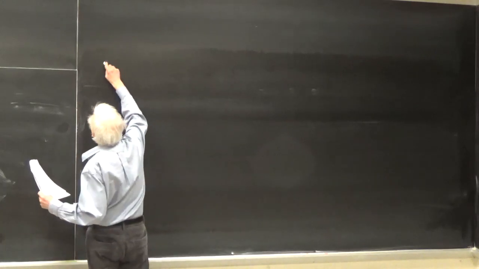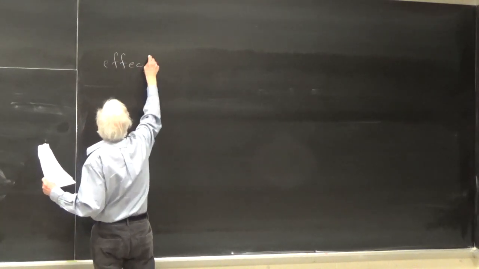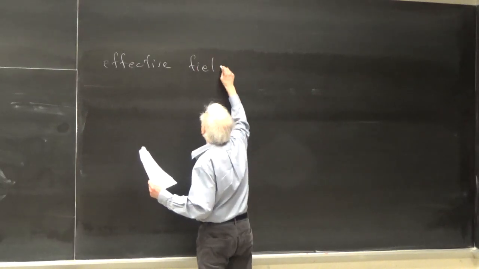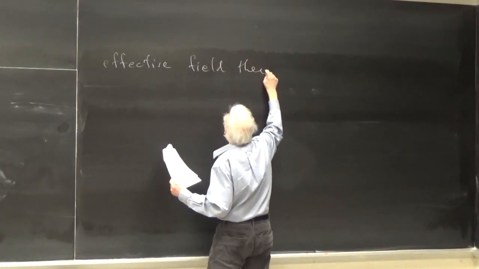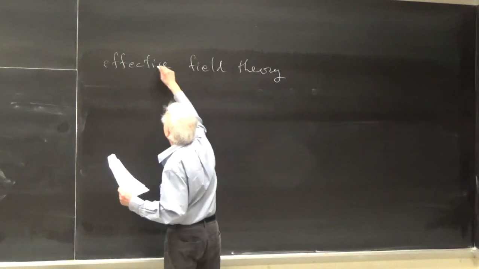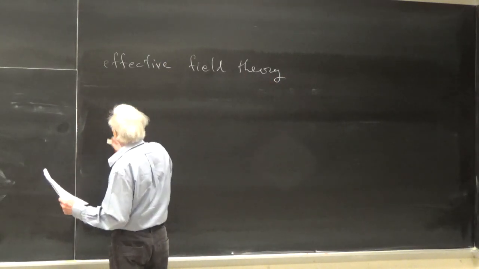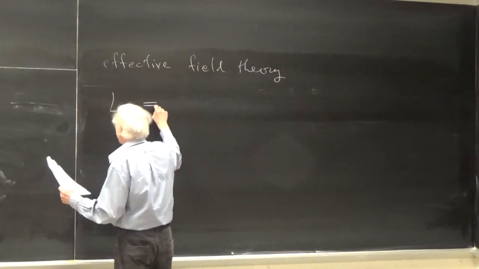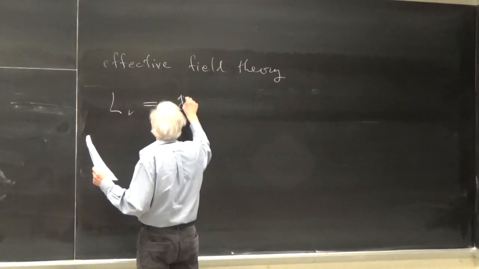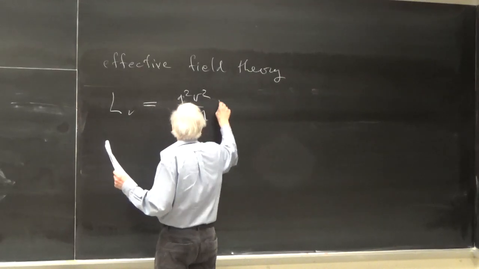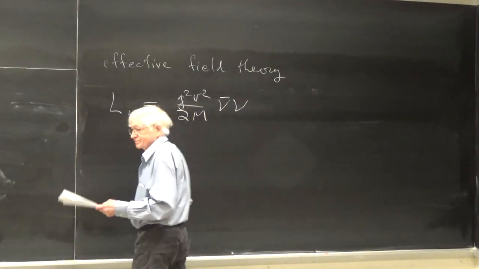Well, let me just remind you that if you do the effective field theory approach, what you get is a new term in the low energy theory, which is basically g squared v squared over 2m, and then some nu bar nu.